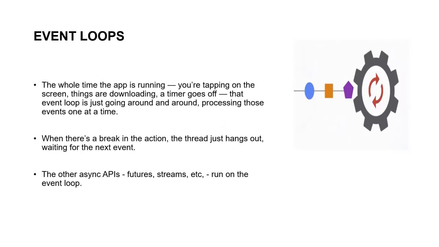So, like I said, all this time the app is running and you are doing all those things in the background, and the event loop is just going round and round, processing the events one at a time, until there is a break in action, there is no more event in the loop, and the thread hangs out, just waiting for the next event.